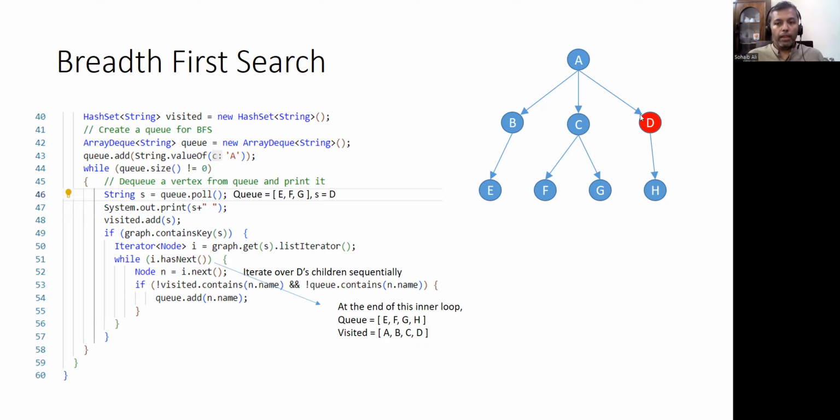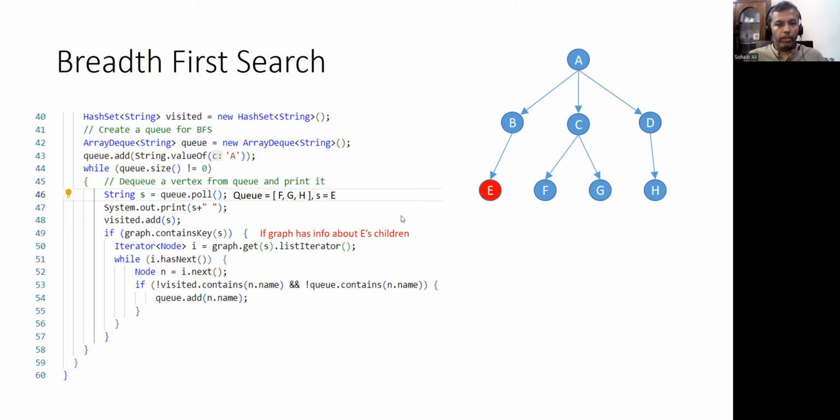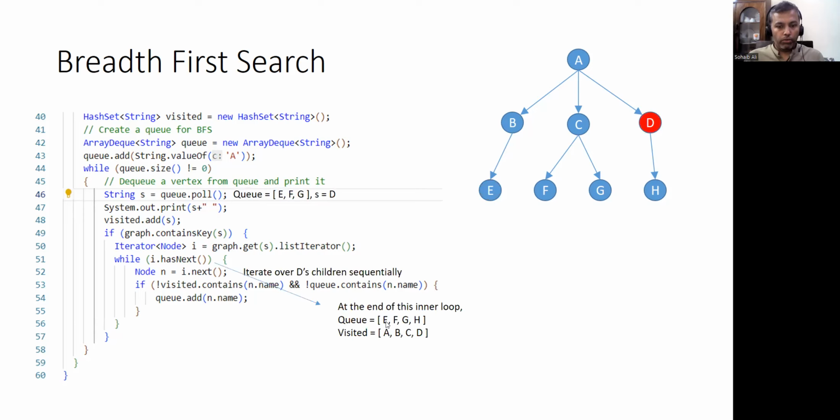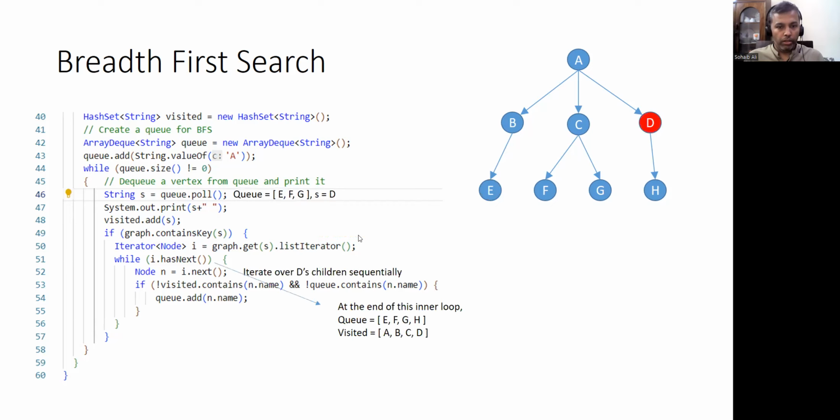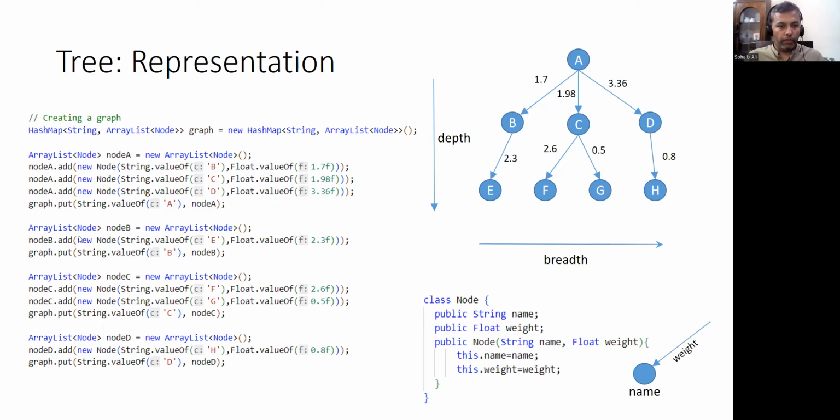And then after this node D, when we come over here, you see that this condition: once we explore E, and F, E comes first between E, F, G, and H, and add it into our visited set, you'll see that the graph does not contain any information about its children, because obviously in this graph we only have the children of nodes B, C, and D defined. We don't have any information about this node E in this graph.